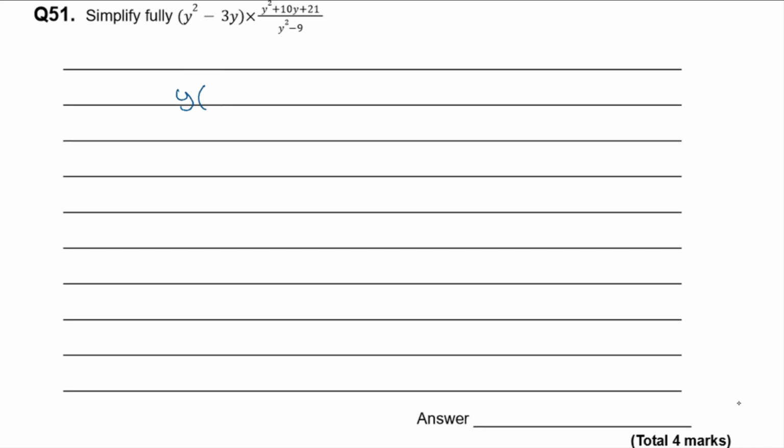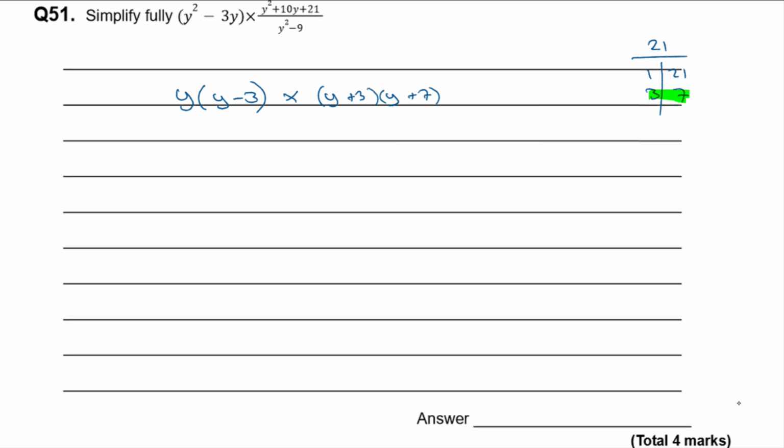So that's going to be y lots of y minus 3. And then I'm multiplying that by, the numerator looks like it should factorize into 2 brackets. If it does, I'm going to get a y and a y. Factor pairs of 21 are 1 and 21, 3 and 7. That's about it. Now, which pair gives me 10 in the middle? It's going to be plus 3 plus 7, and it's that pair, isn't it? Okay, so that's going to give me 10 in the middle.